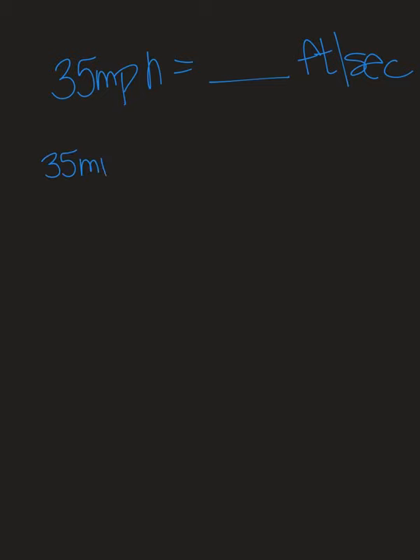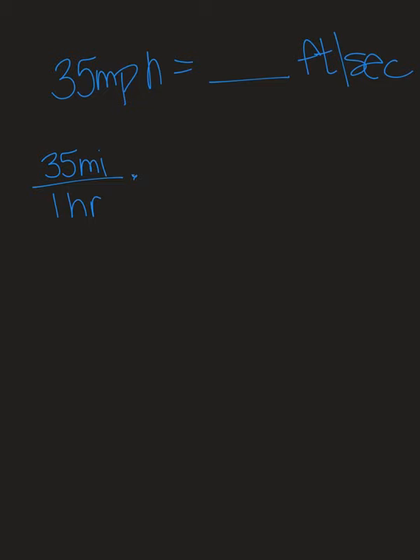You may also have to convert compound units sometime. So let's say that I want to find out 35 miles per hour is how much in feet per second. So here you're going to be doing 2 different unit conversions, but we're going to just keep it as one big conversion. So we've got 35 miles per 1 hour.